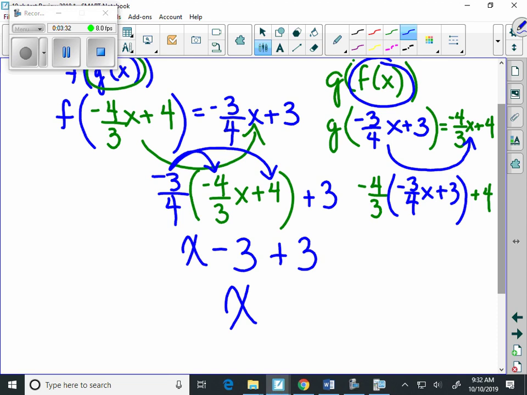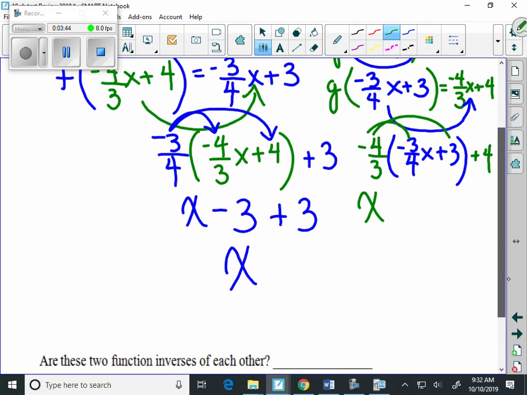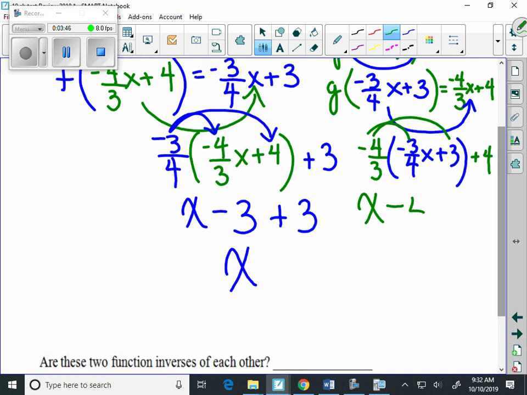We're going to distribute negative 4/3 times negative 3/4 x is x. Type it in your calculator if you need to. Negative 4/3 times 3 is negative 4. Type that in your calculator if you need to. And then we have the plus 4 over here. And negative x minus 4 plus 4 is x.